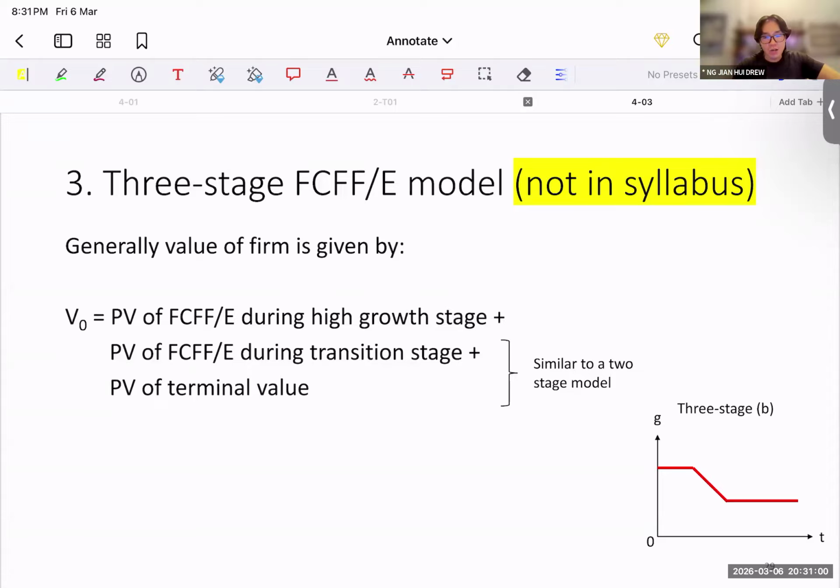For the purpose of the course, you will not need to know how to calculate these. However, for those who are doing your CFA, this is part of your curriculum, so you need to know how to calculate the three-stage model for your CFA.